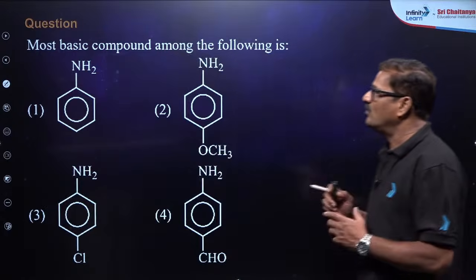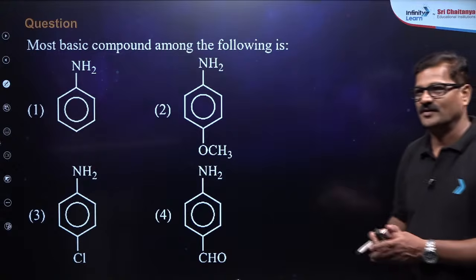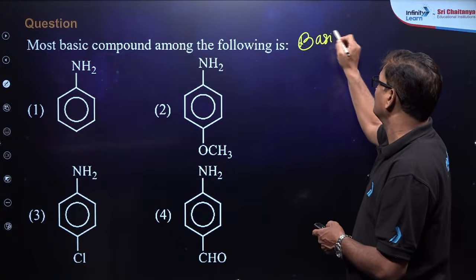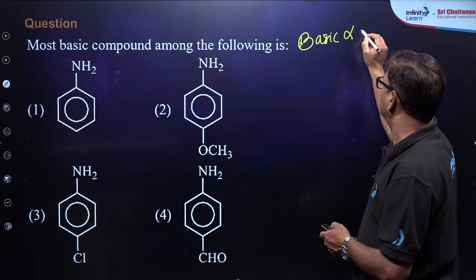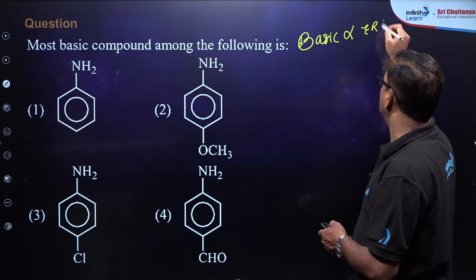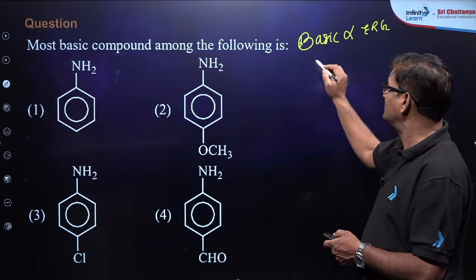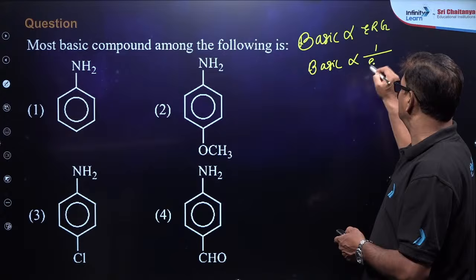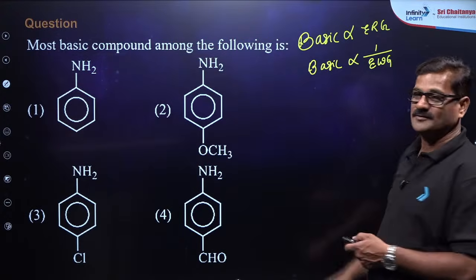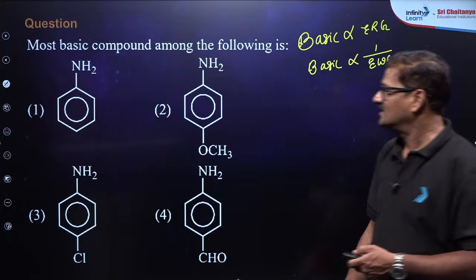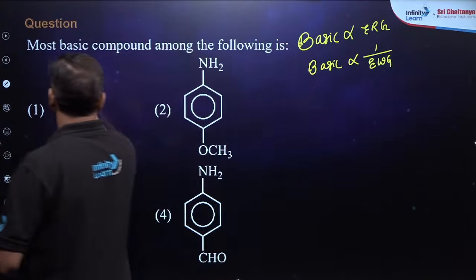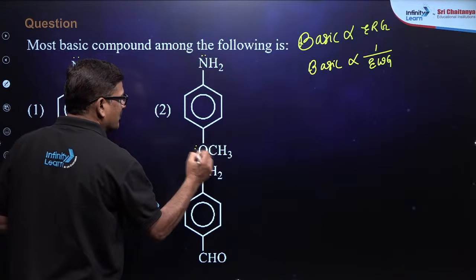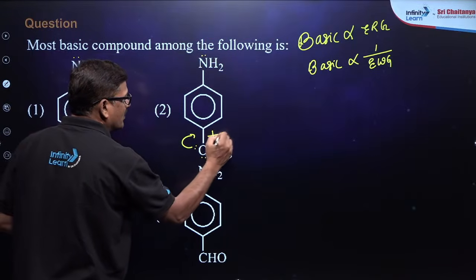Now, the most basic compound in the following. Basic strength is directly proportional to electron releasing group. Basic strength is inversely proportional to electron withdrawing group, right? So aniline is the base, it has a positive mesomeric effect.